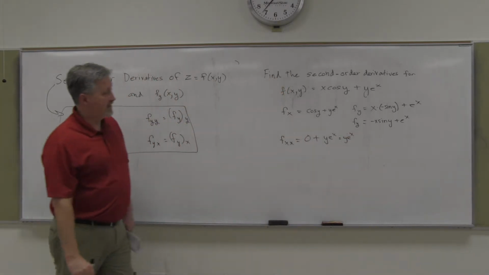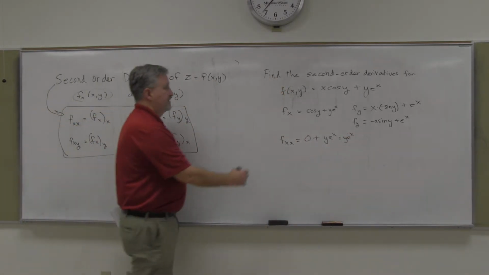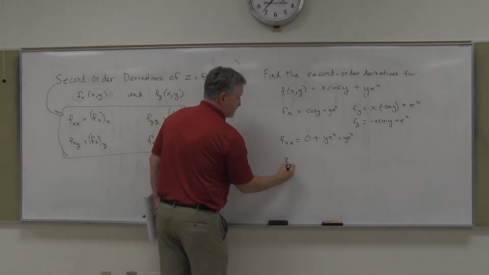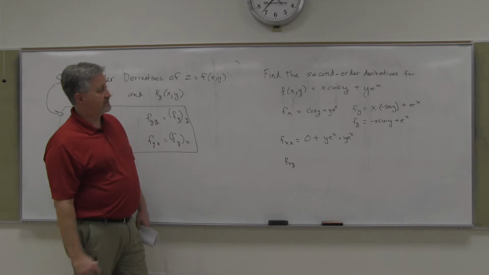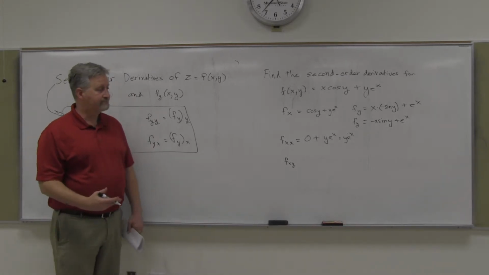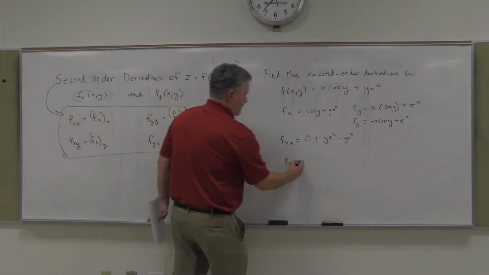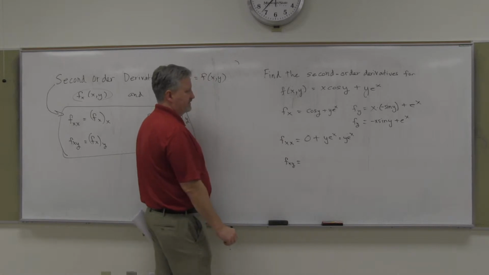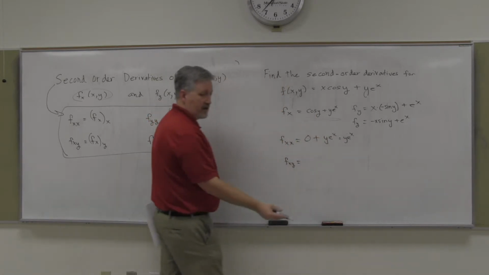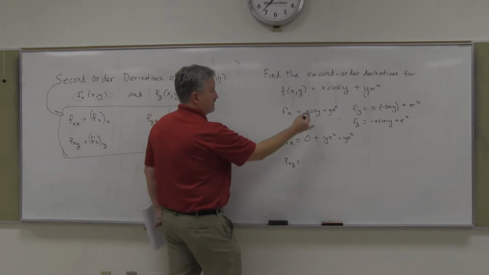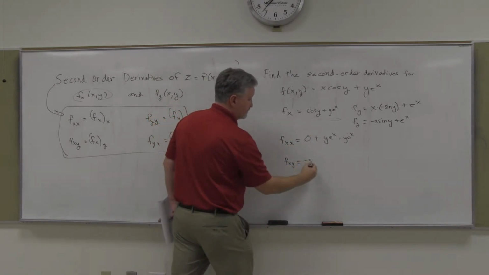That's a second order one. But from that one, we can also take the partial of f with respect to x, and then with respect to y. That complicates it a little bit, but not too much. So now we're doing this one with respect to y. What do you get?